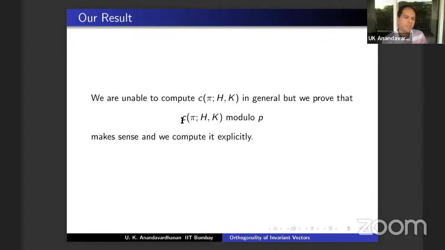I will state the formal result. This particular thing that we were interested in computing, we cannot compute in general. We can compute given a particular example. We know how to compute it, but not theoretically. But we can say this much, that it is a complex number.